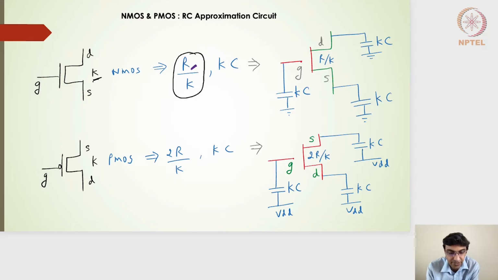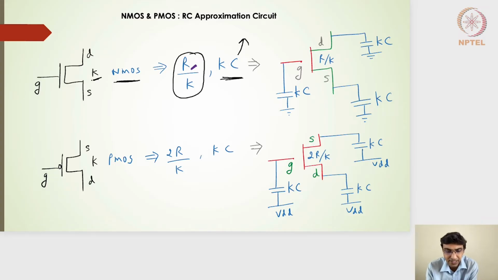If the width of the NMOS transistor is k times the unit NMOS transistor width, and the unit NMOS width is 100 nanometers, which we had seen previously, then the capacitance will be k times C, where C represents the capacitance for a unit NMOS transistor.